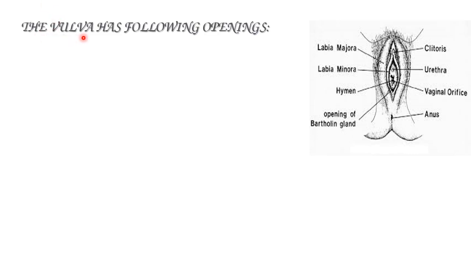The vulva or external genitalia has the following openings. Urethral opening lies on the anterior end. So if you observe this external genitalia, this region is anterior and this is posterior. The opening present at this anterior region is called the urethral opening.